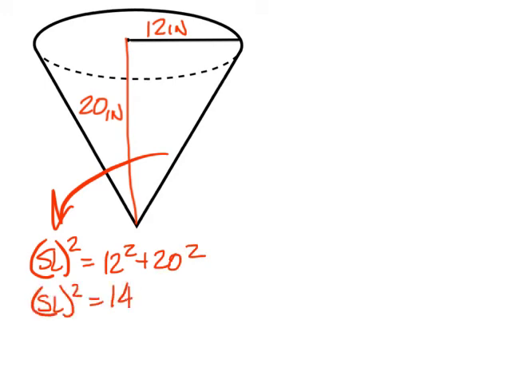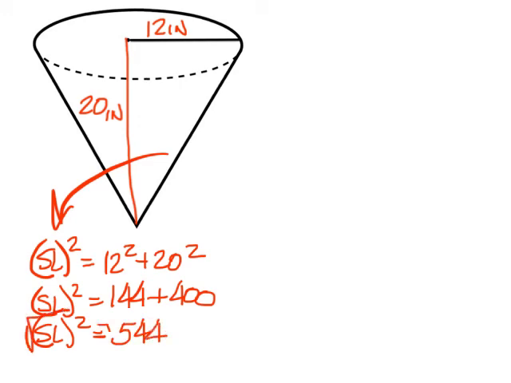That simplifies to 144 plus 400, and that sum is 544. In order to find the slant height, you need the square root of both of those. The square root of 544 is 23.3238, and so on. But we're going to leave it in the calculator for right now.